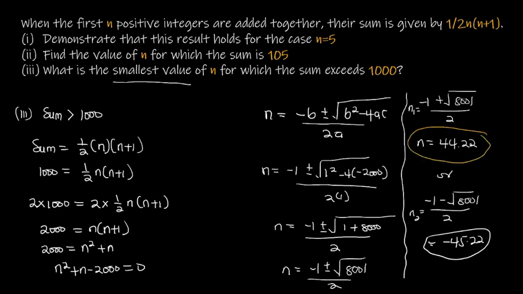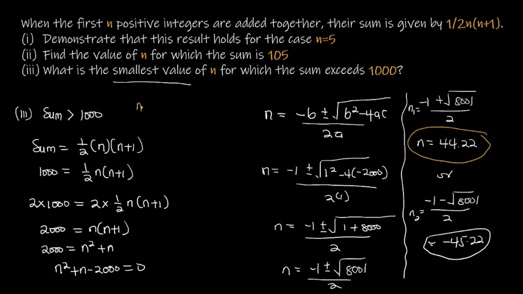But now note, the question is asking what is the smallest value of n for which the sum exceeds 1,000, and we are getting 44.22. So it means that the correct answer is supposed to be greater than 44. The next integer after 44 is going to be the right answer. So let's test that out. If n is equal to 44, let's see what we are going to get.